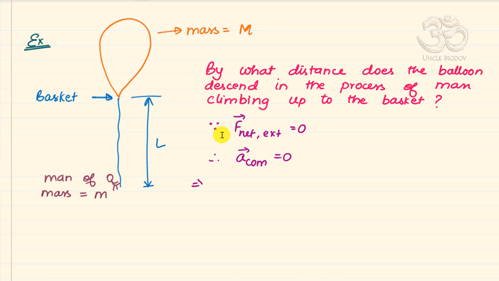That means acceleration of center of mass along the y axis is 0, or maybe straight away I can say velocity of center of mass is a constant, and because it was initially 0, it will be 0 forever.